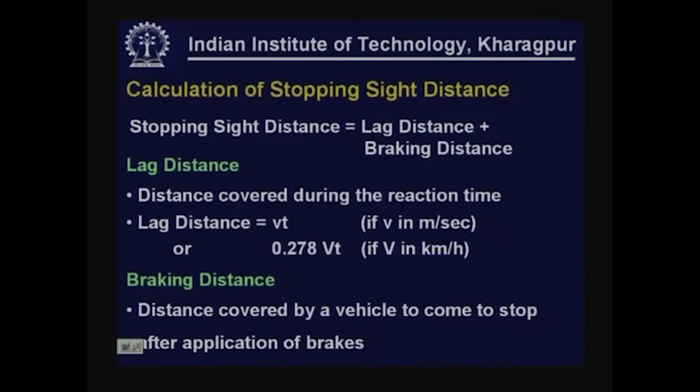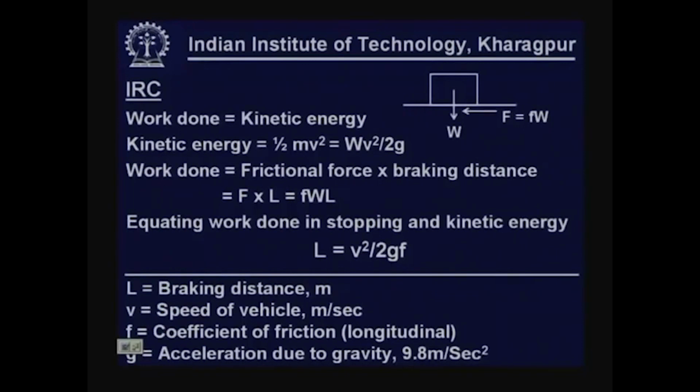Now, the braking distance is the distance covered by a vehicle to come to a stop after application of brakes. How can this distance be calculated? The basic equation is that work done in stopping is equal to the kinetic energy.